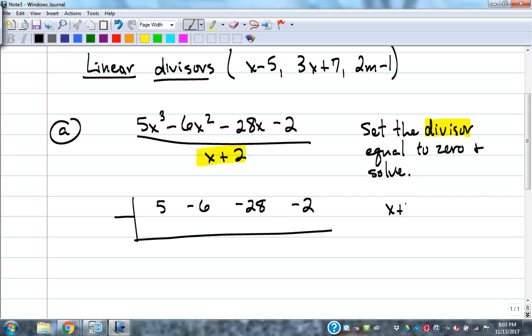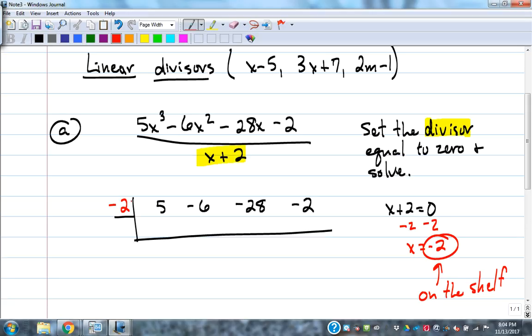So we're setting x plus 2 equals 0 and solving that. X equals negative 2. That is what goes on the shelf. That's a highly technical term, on the shelf. That's our synthetic divisor is what that's actually called. So we're going to put negative 2 up here.